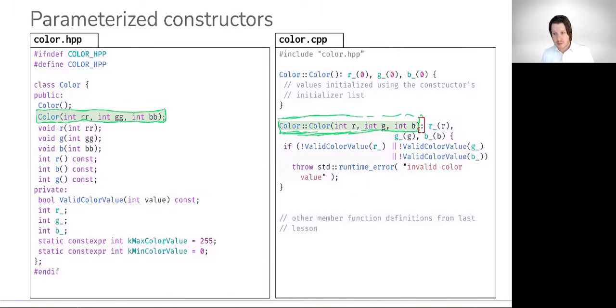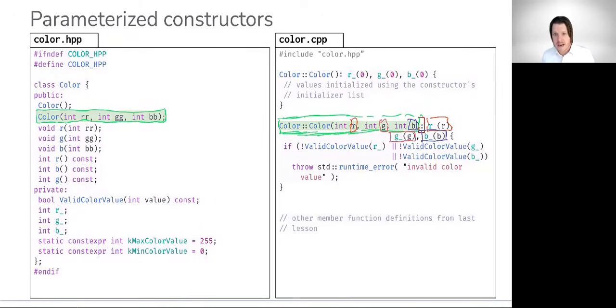But in this case, we're simply going to say that R is going to start out with the value stored in the parameter R. G, likewise, will start out with the value stored in parameter G. And B is going to get whatever is in parameter B. Notice at this point, the values for R, G, and B have been set respectively with the values stored within those parameters.